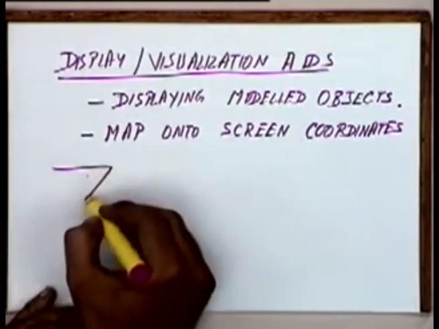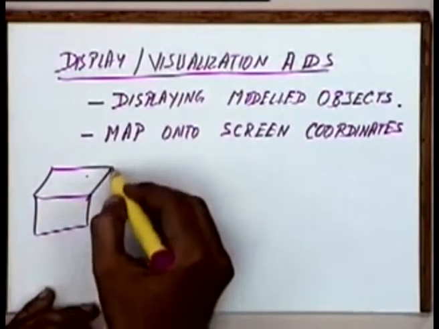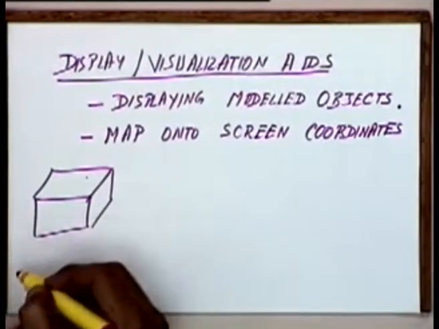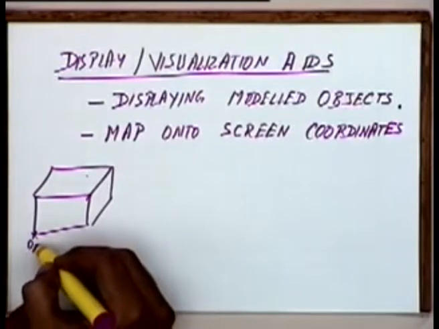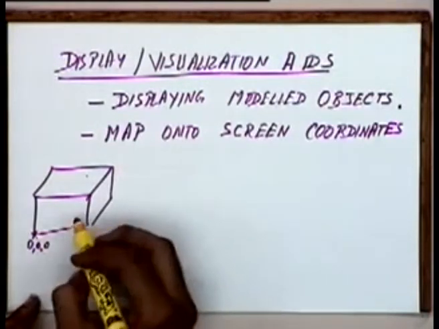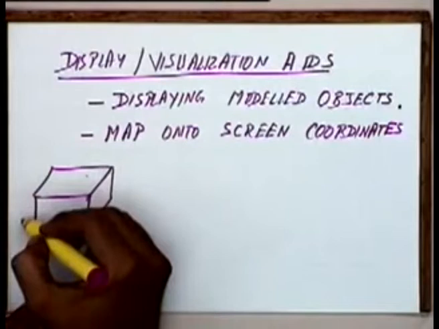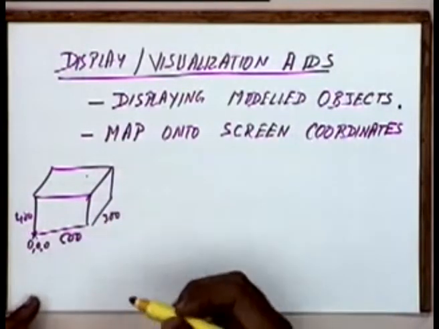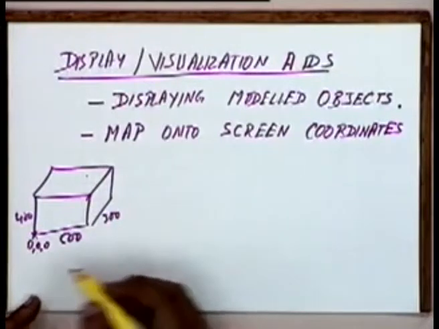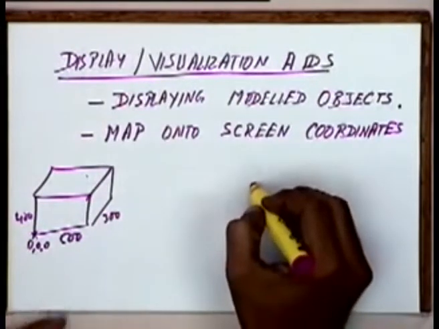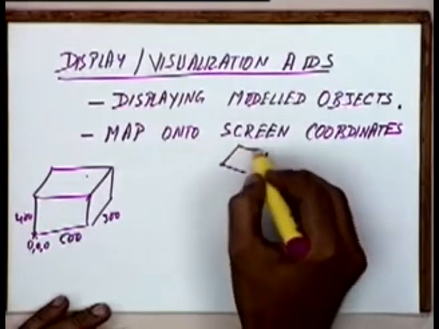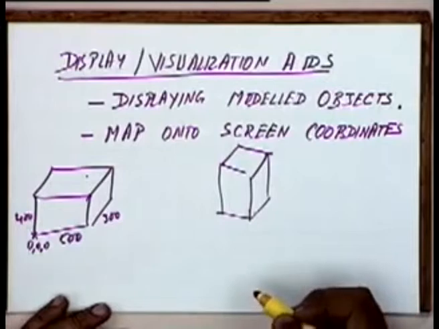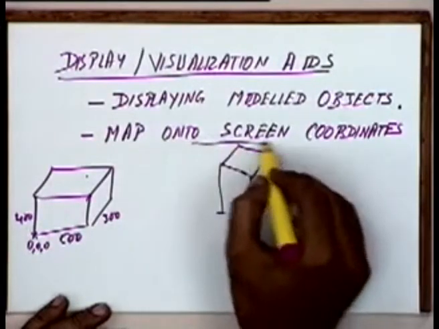That means if we have a simple block like this, let's say for this block I am taking this as the origin, the width is maybe 500, height is 400, and the depth is maybe 300. If I am taking a particular view, which may be, let's say, an isometric view, something like this.